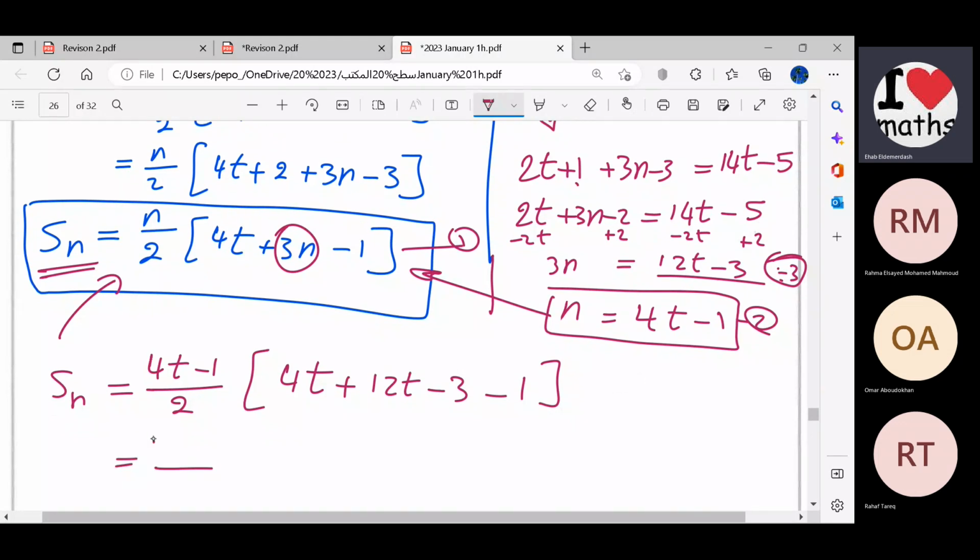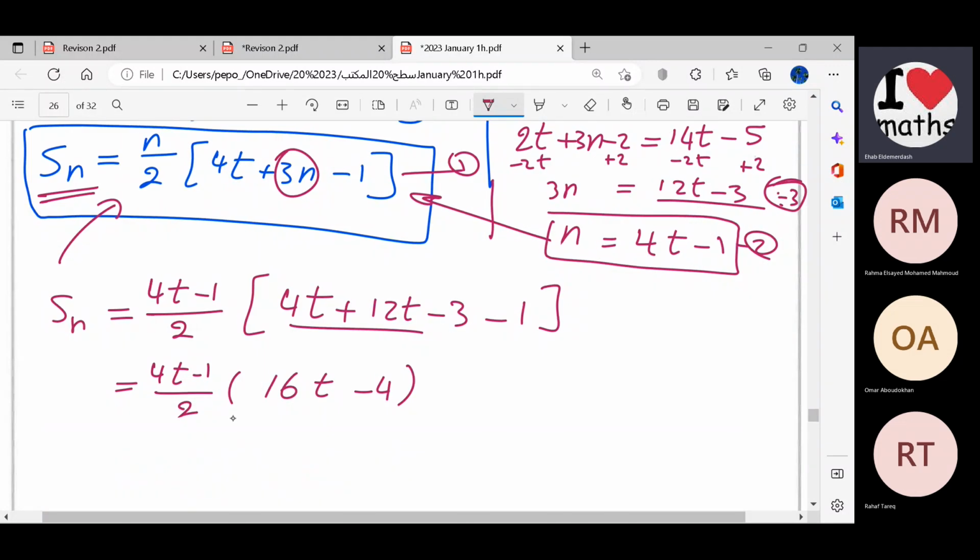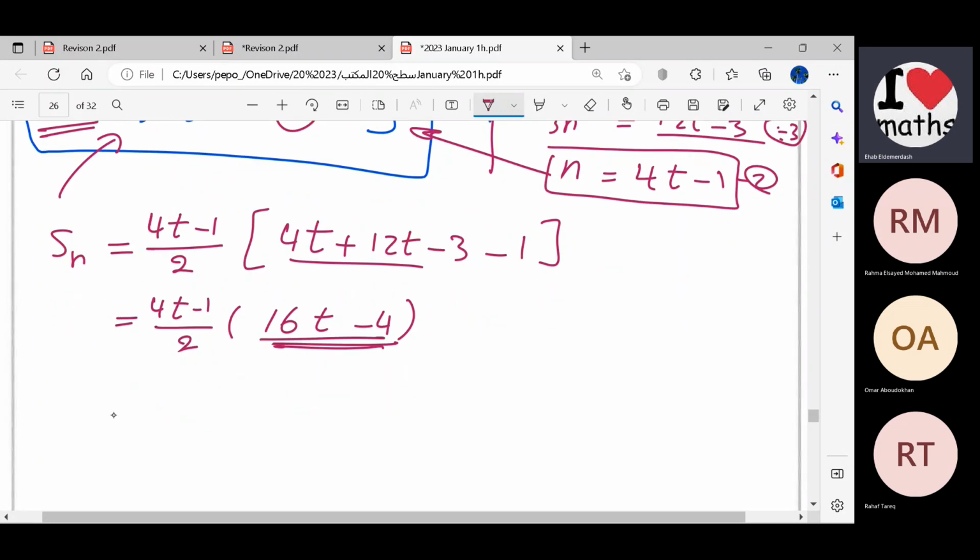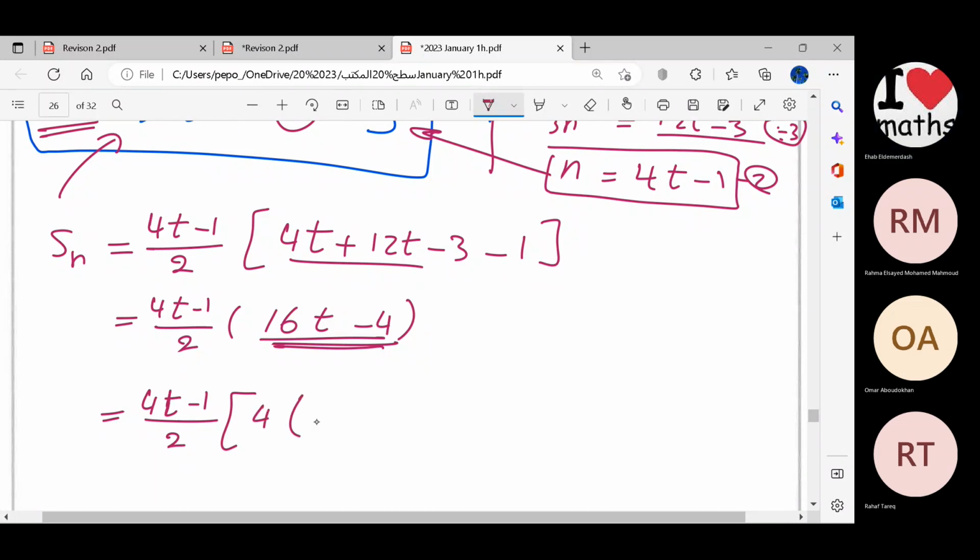Here I will leave it as 4T minus 1 over 2. On the other hand, these are 16T minus 4. I'll just divide by 2 so I can get a common factor from inside. I can keep this one as 4T minus 1 over 2, multiplied by the common factor 4, so it will be 4T minus 1.